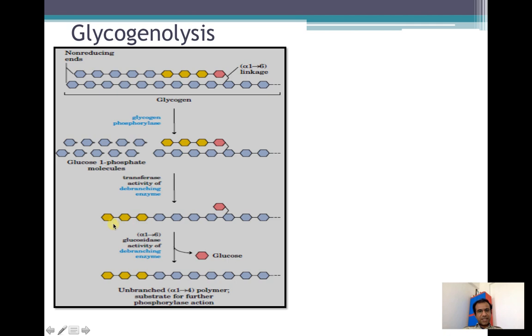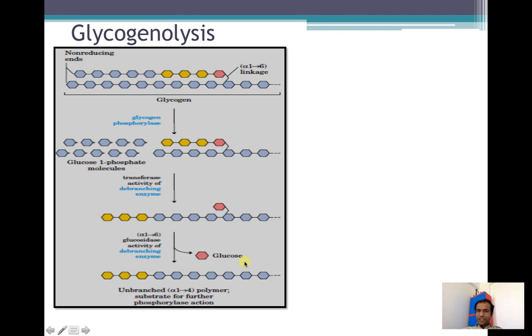You can see here these three glucose molecules are now in the chain form, and one glucose molecule will remain, which is in alpha 1,6 linkage with this blue glucose molecule. Now this debranching enzyme will act on the alpha 1,6 linkage here, and it will release this glucose molecule.